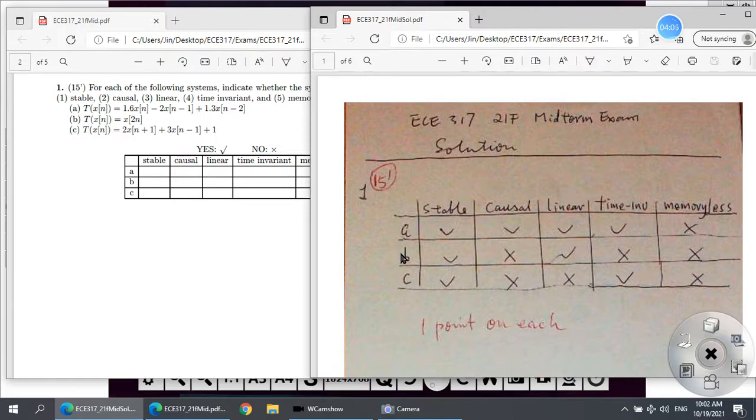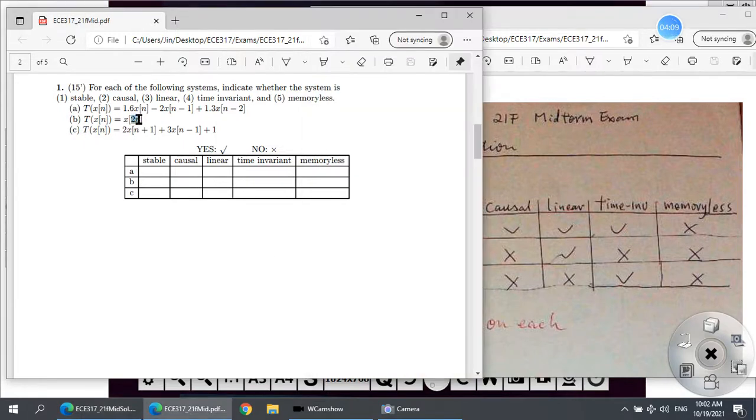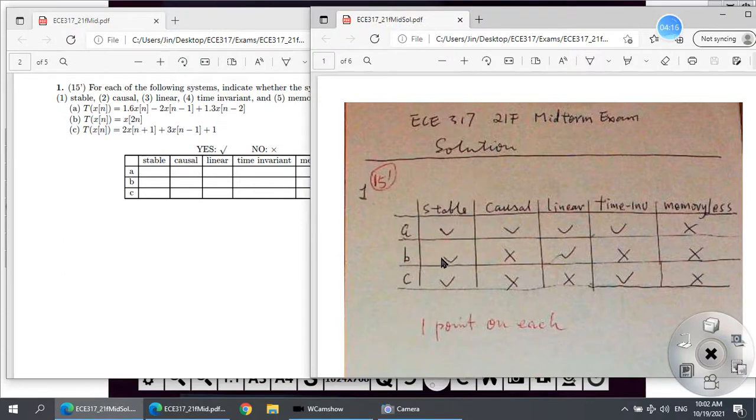And for B, the output is the input with a doubled time index, x of 2n, right? So this one, of course, is stable because the output will have the same bound as the input.